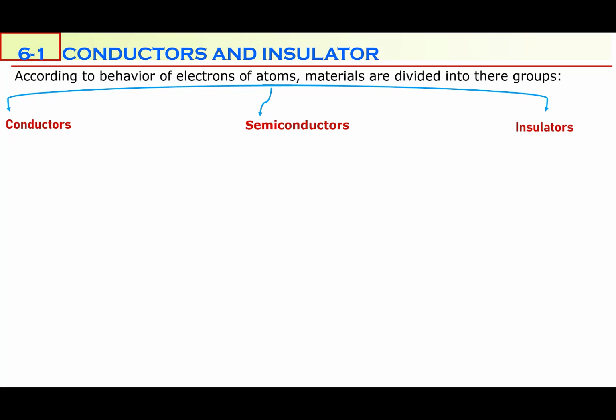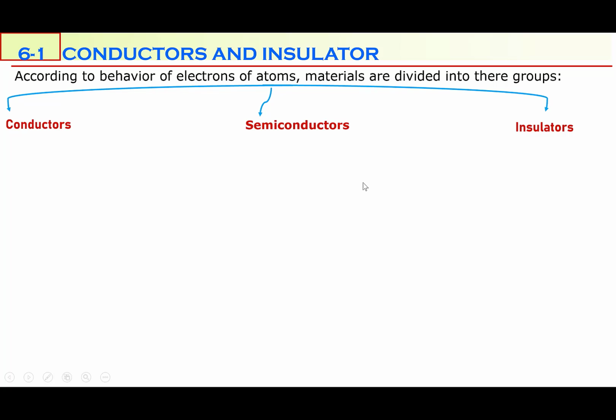Before I start explaining electric potential difference and electric current, I will first talk about types of materials. Some materials conduct electric current, and some cannot.